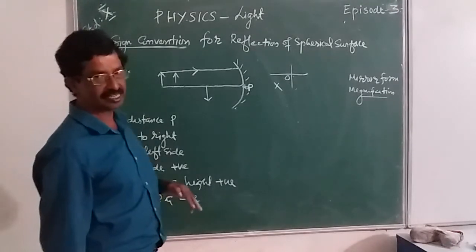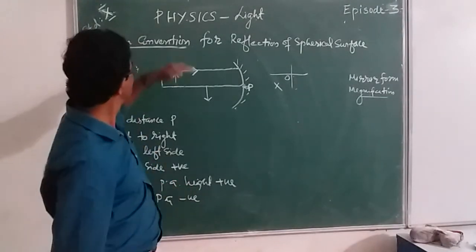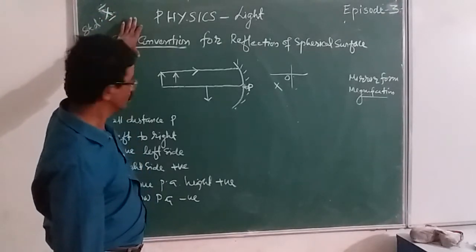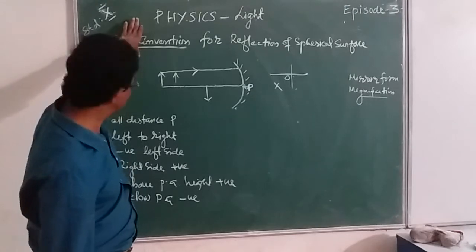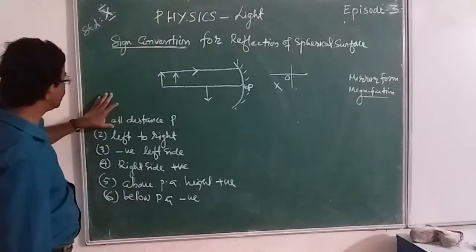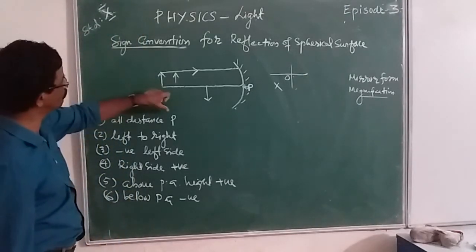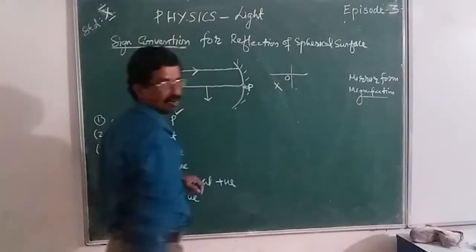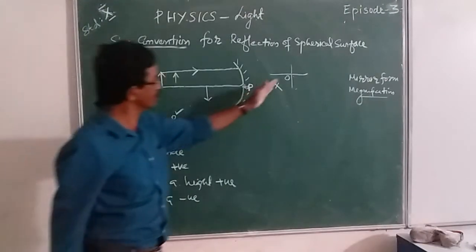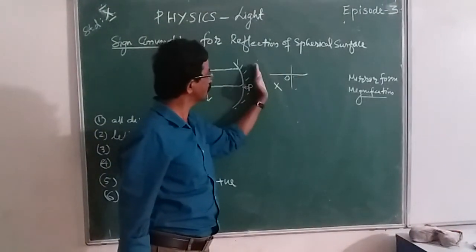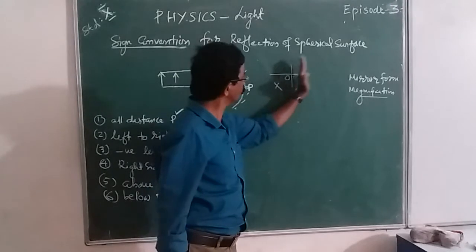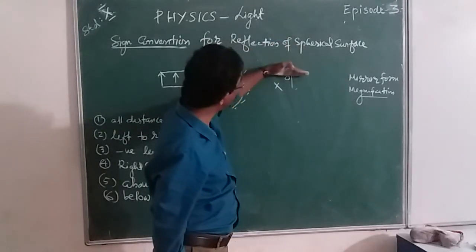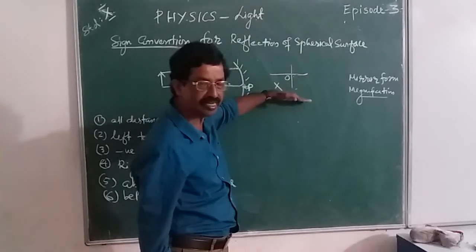Once again, when you consider the sign convention, what are the things you want to remember? All distances are measured from the pole, just like the origin in a graph. In a graph, left of the origin is negative, right of the origin is positive, above is positive, and below is negative.